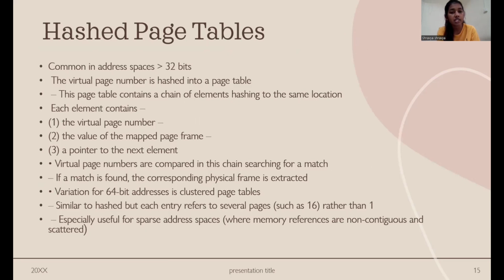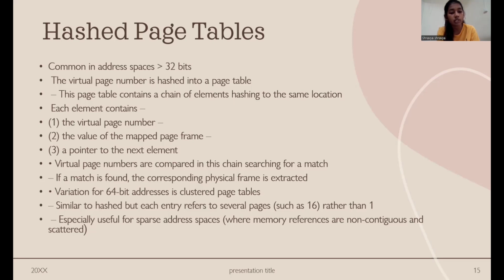When we come to hashed page tables, common in address spaces larger than 32 bits, the virtual page number is hashed into a page table. This page table contains a chain of elements hashing to the same location. Each element contains the virtual page number, the value of the mapped page frame, and a pointer to the next element. Virtual page numbers are compared in this chain searching for a match.